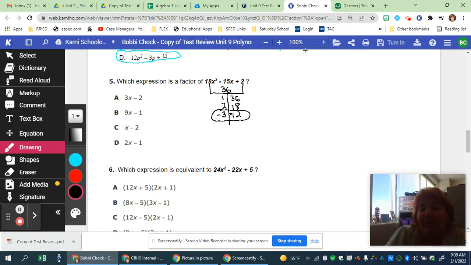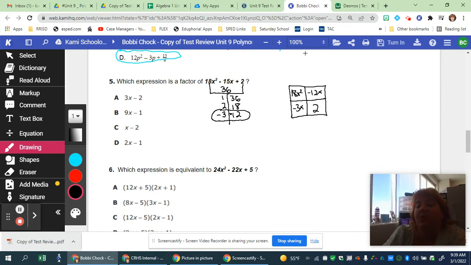So now I'm going to reverse box it. And when you do the reverse box, if you remember, in this square is this first number. So 18x squared. Now, because I divided this number up, I have negative 3x and negative 12x. And then this number goes in my last square, just like that.